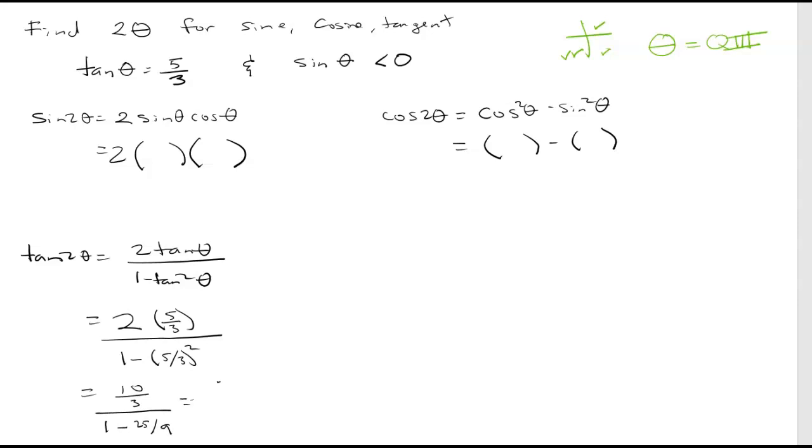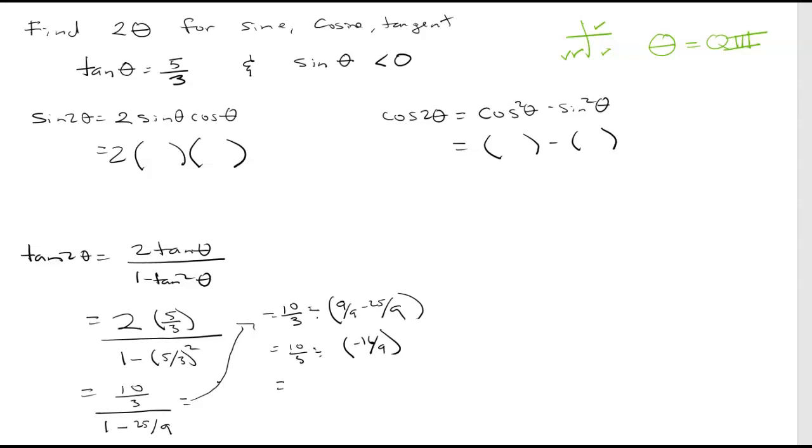So this will become 10/3 divided by 9/9 minus 25/9. And then we're going to continue: 10/3 divided by negative 16/9.